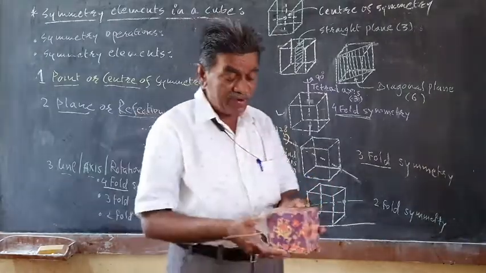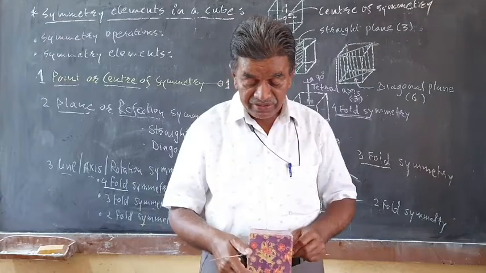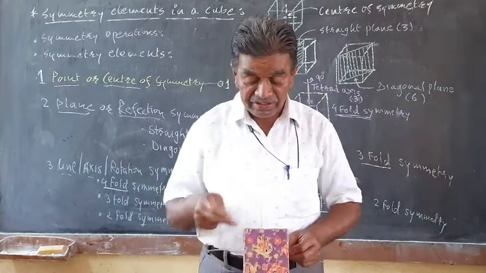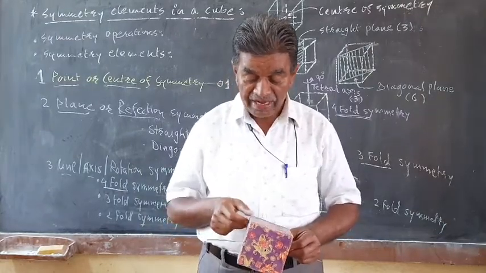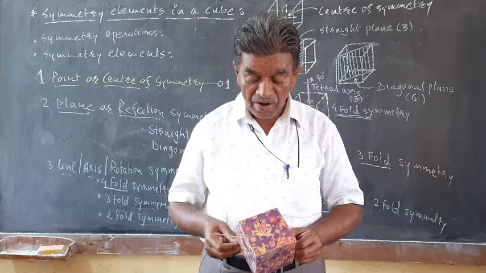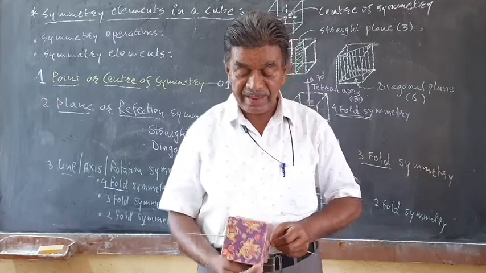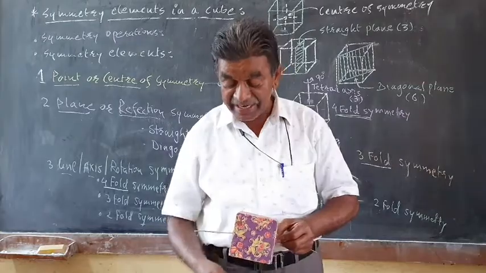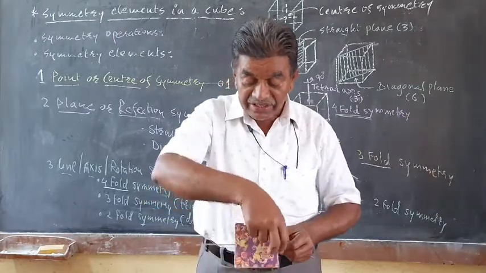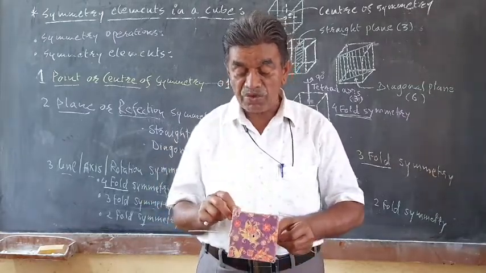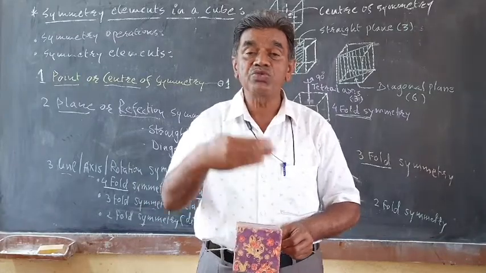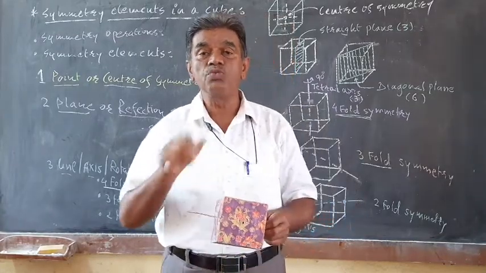This is the same appearance you are getting. Suppose this is the face towards you, and if this is rotated up to this, you are getting the same appearance through 180 degrees. And again we can rotate this to get the same position. In one rotation complete, you are getting the same appearance 2 times. Means it is twofold symmetry.